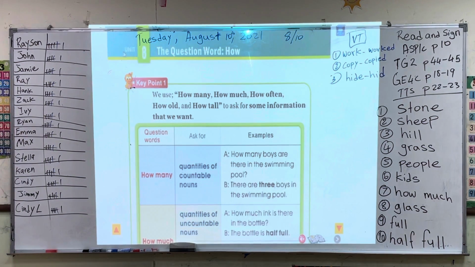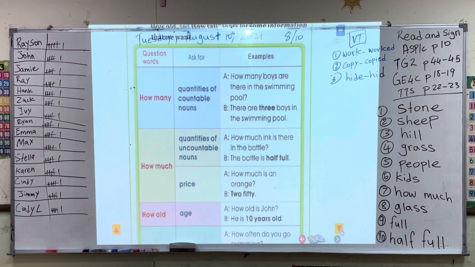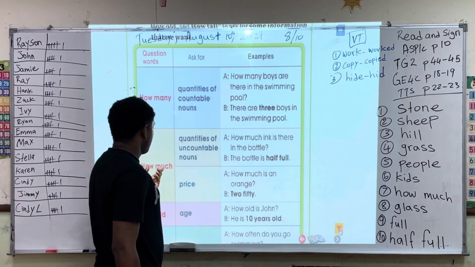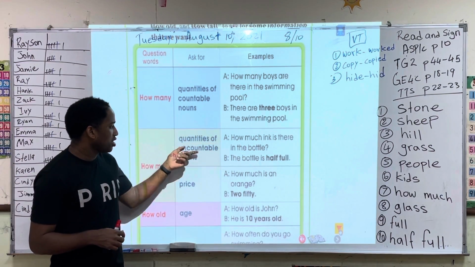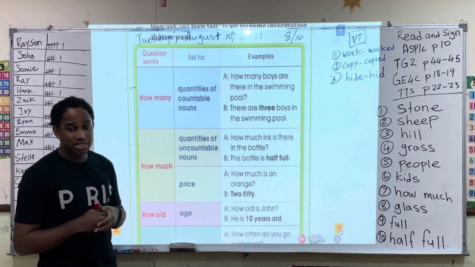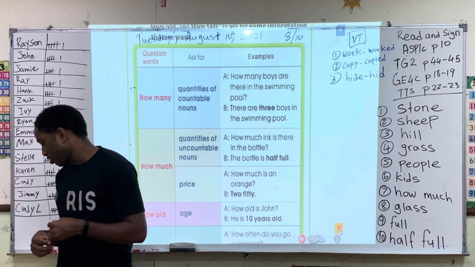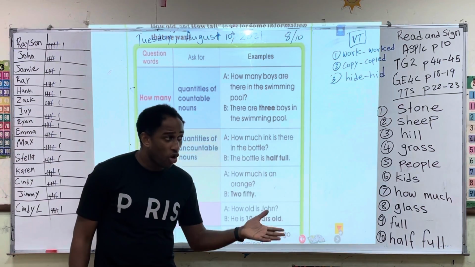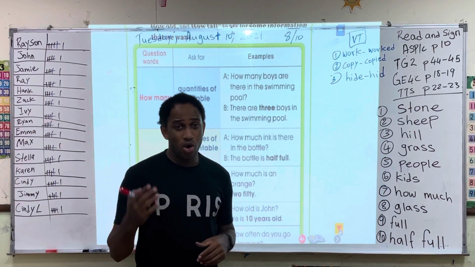Good. So now we go to number 2. How much? Good. We use how much for uncountable nouns. For example, rice, mud, money, coffee, water, milk, uncountable.